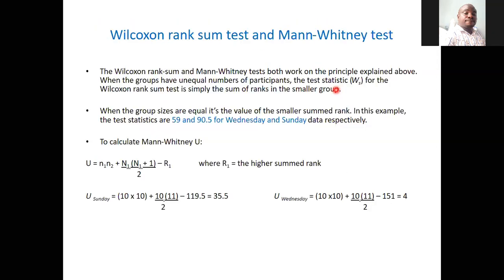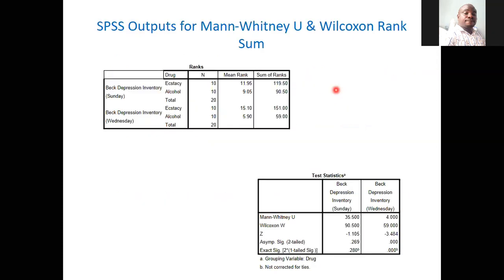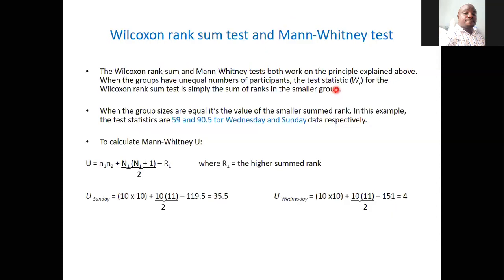So from this one now, you see it's the same thing I've come to run here. The statistics here for this one is 35.5, for this one 150, this one is 4. So for Sunday it is 35.5.